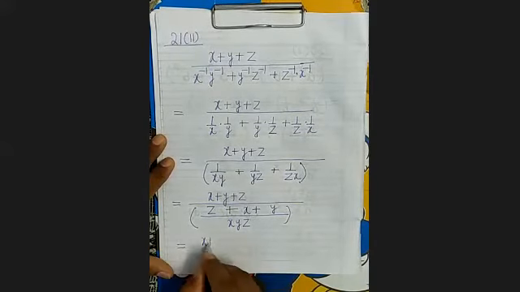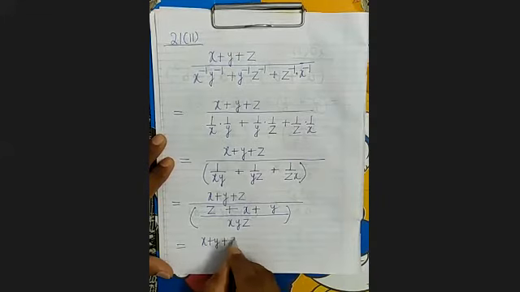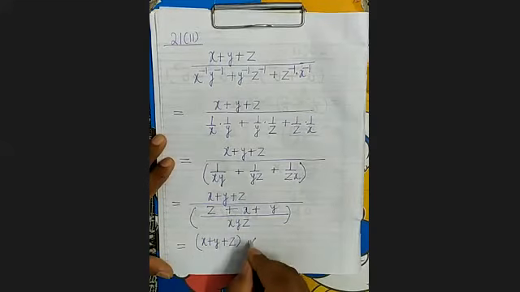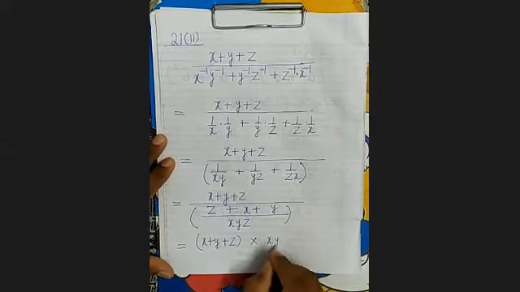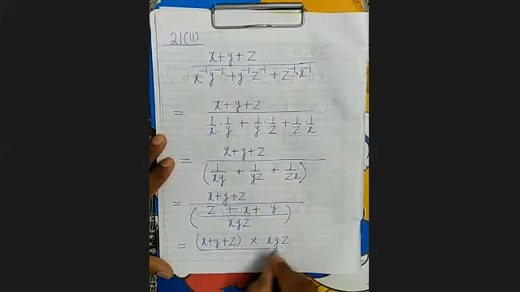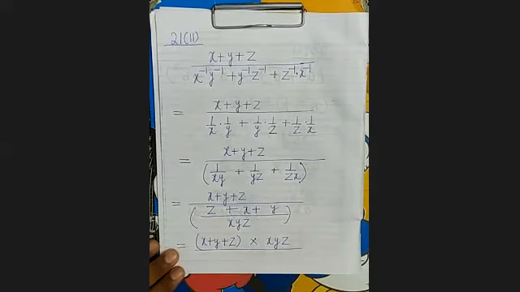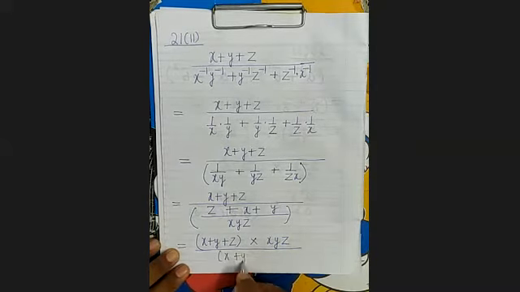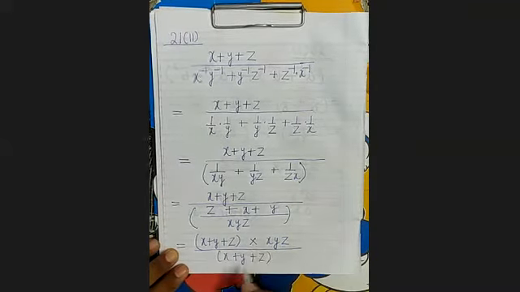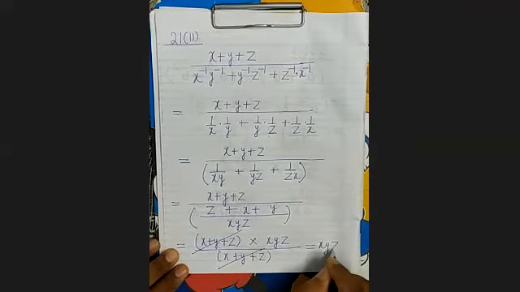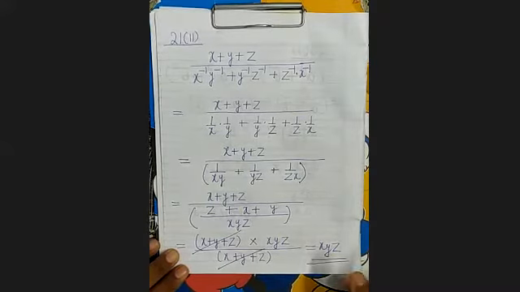That is x plus y plus z. This will be reciprocated and multiplied, giving xyz. In the denominator, z plus x plus y you can write as x plus y plus z. This and this cancel. This is proved.